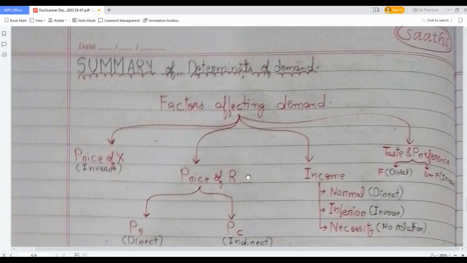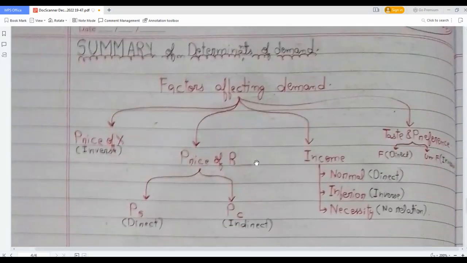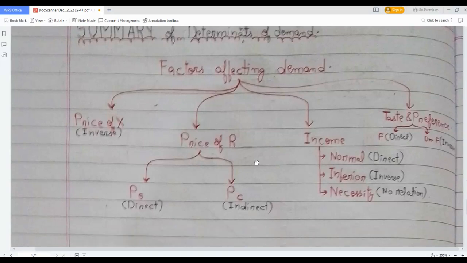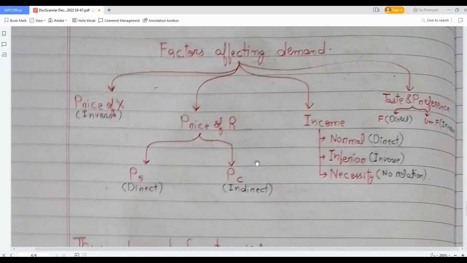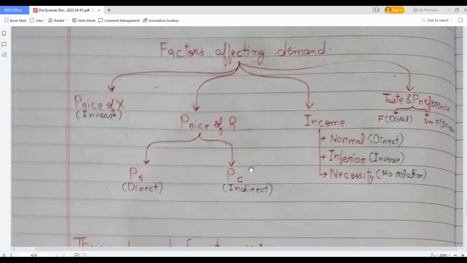Now, I think it's clear, and you will see the summary of what we have read till now. To recapitulate, the factors affecting demand, or determinants of demand, are price of a commodity, price of related goods, income of the consumer, and taste and preference.